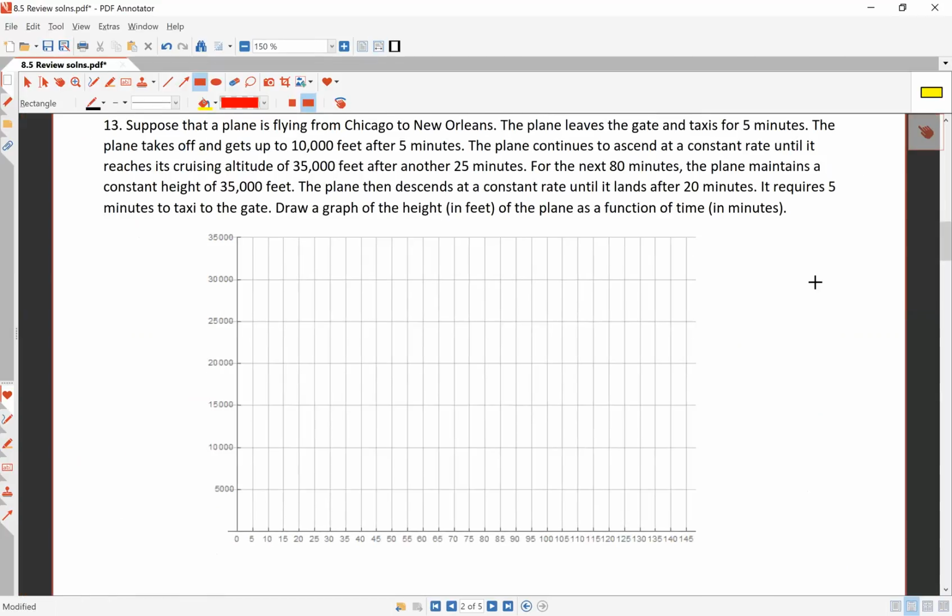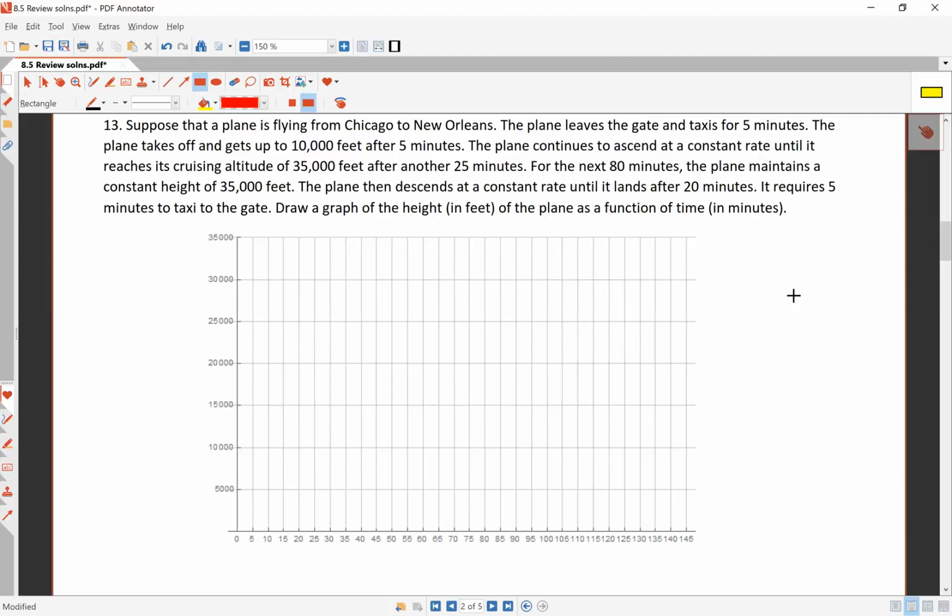Number 13. Suppose that a plane is flying from Chicago to New Orleans. The plane leaves the gate and taxis for 5 minutes. The plane takes off and gets up to 10,000 feet after 5 minutes.